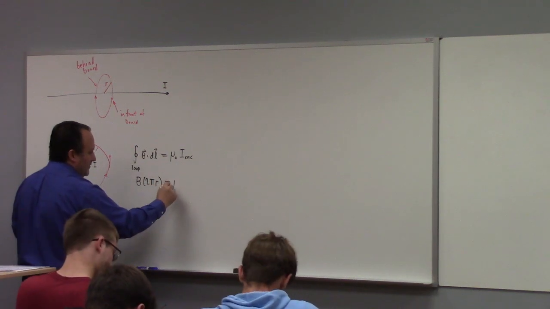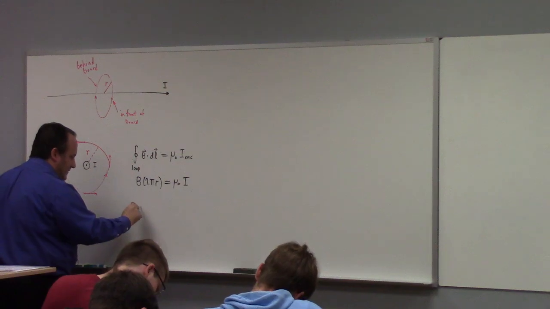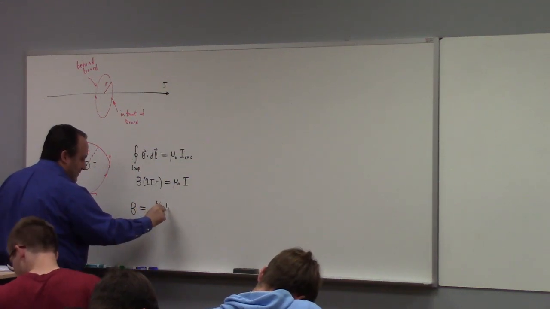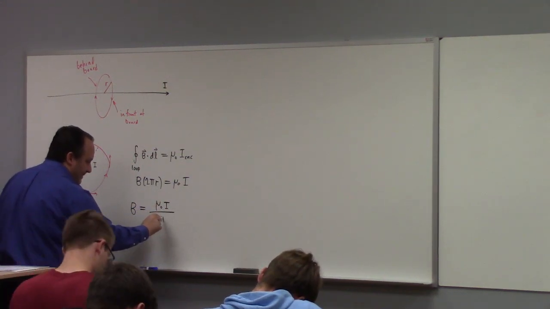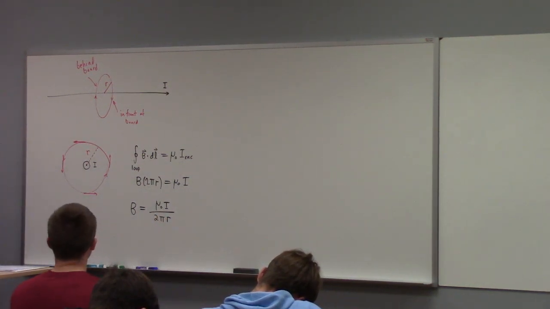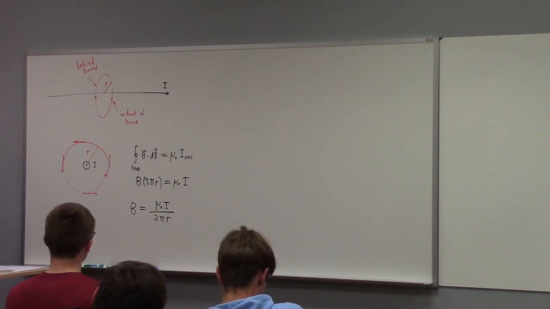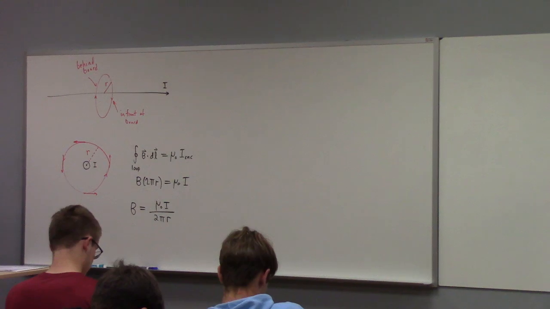So the magnetic field is mu naught I divided by 2 pi r. That's the formula for the magnetic field for a very long line of current. This is probably the most important formula for a magnetic field in terms of a specific example.